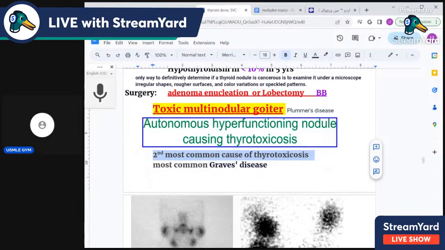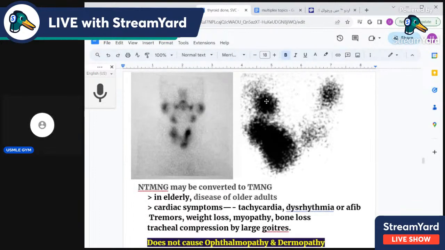The most common cause of thyrotoxicosis is Graves' disease, which occurs in about 60 to 80% of cases. This is toxic multinodular goiter, seen on radioactive iodine scan, which concentrates more in the hyperactive nodule.